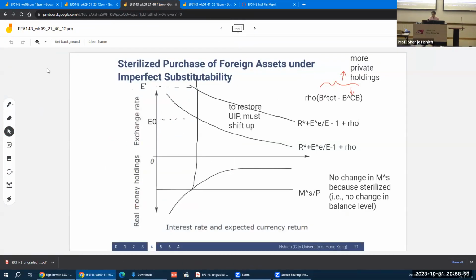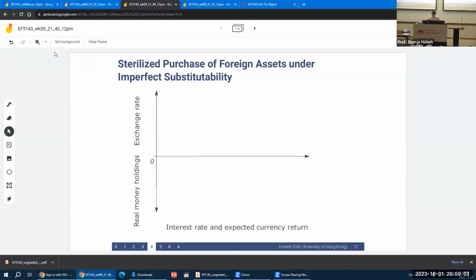All right, so what does that look like graphically? So maybe I just start over with this. I'm going to do it fast because I'm sure you've seen this graph way too many times already. So this is our starting point, just like before.